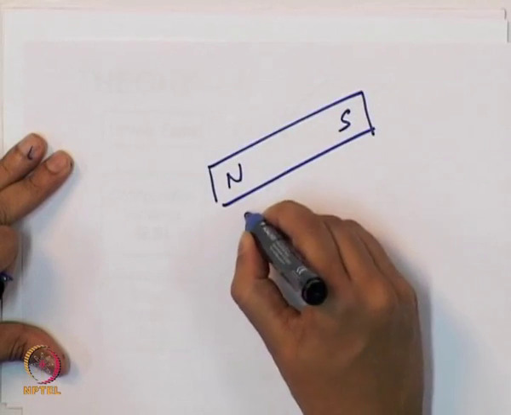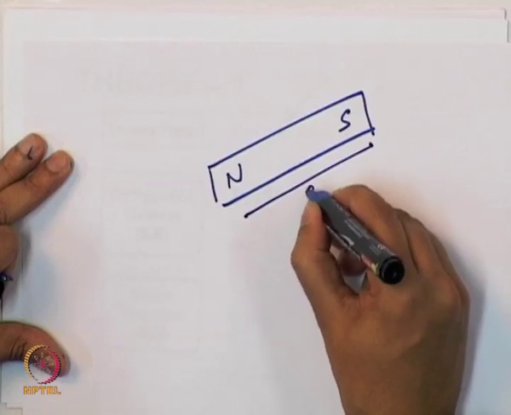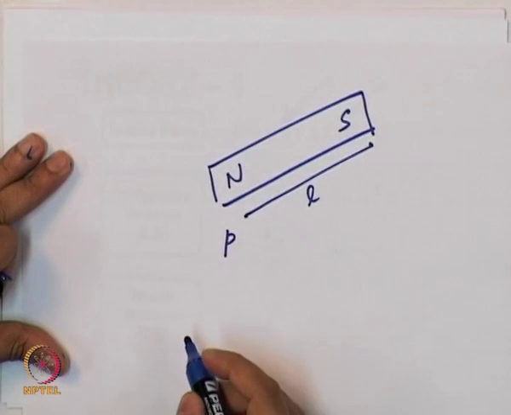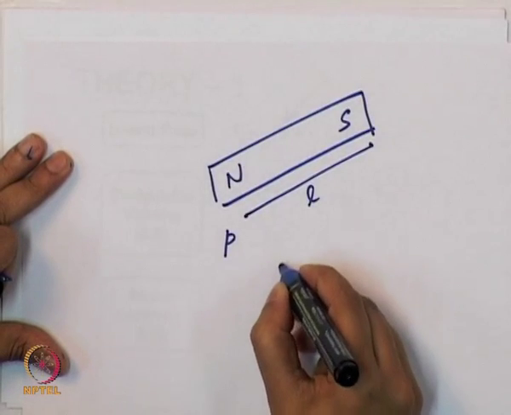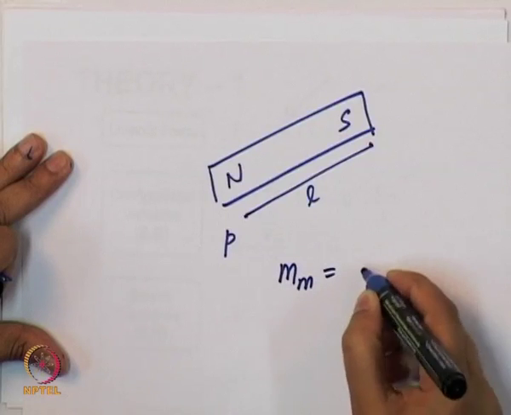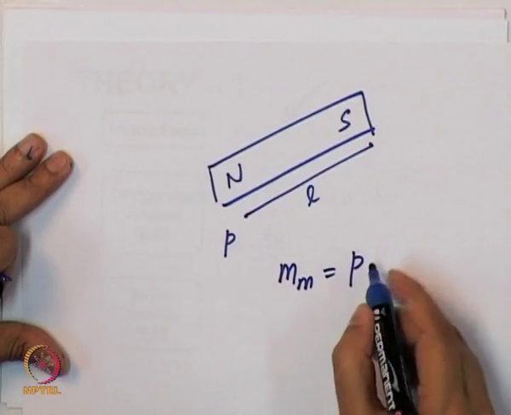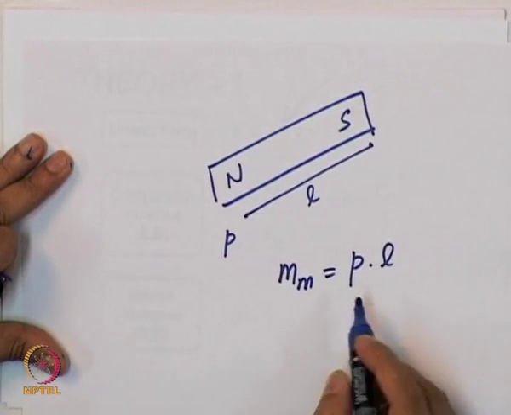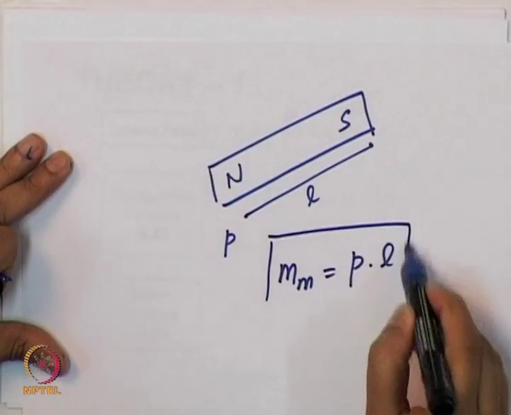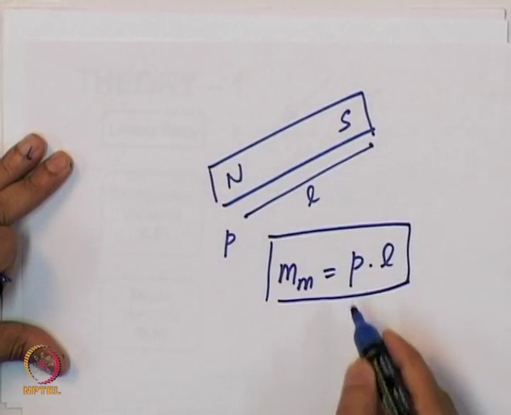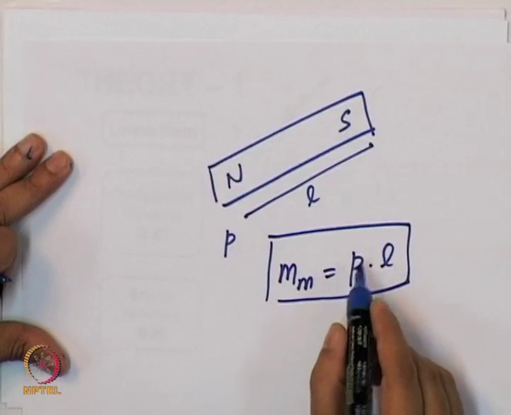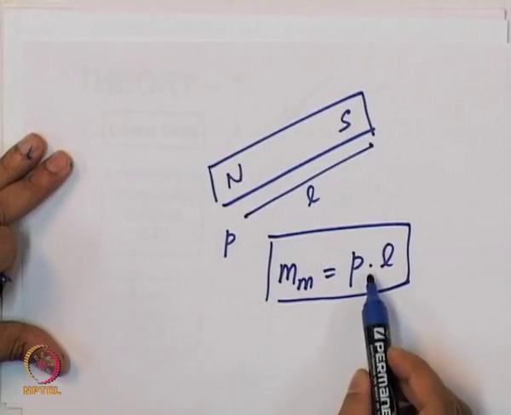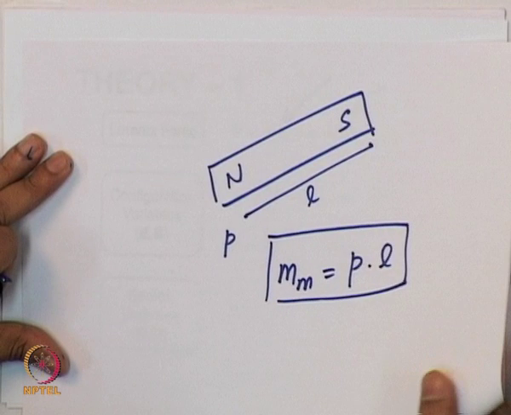Let us say the distance between these two is L, and the individual pole strength is P. So we can write the magnetic moment as the pole strength multiplied by the length of separation. This is the basic definition of the magnetic moment. Accordingly you can get the value of a pole strength, that is, how strong a pole is.